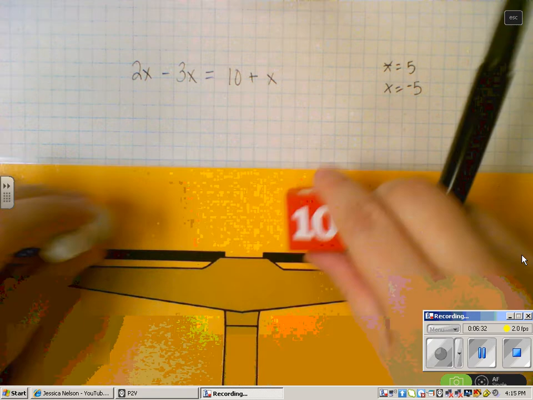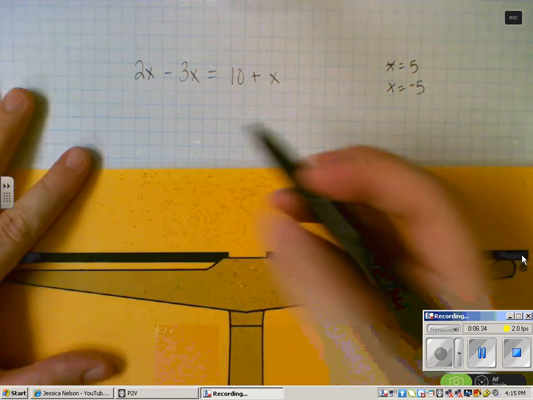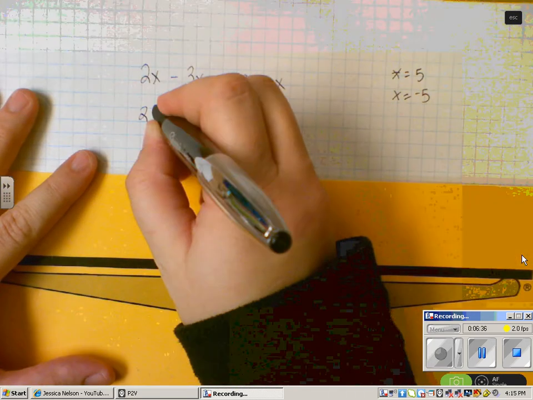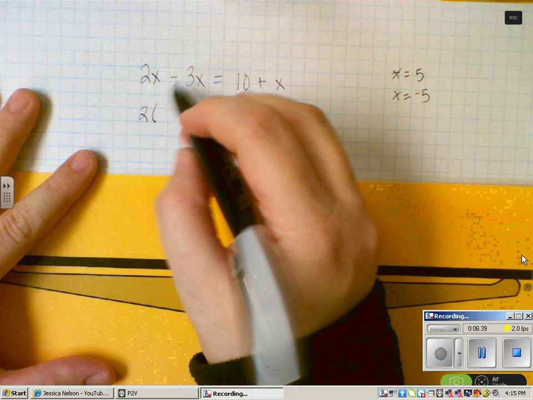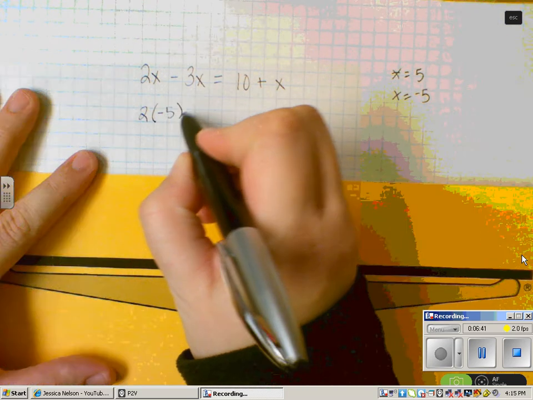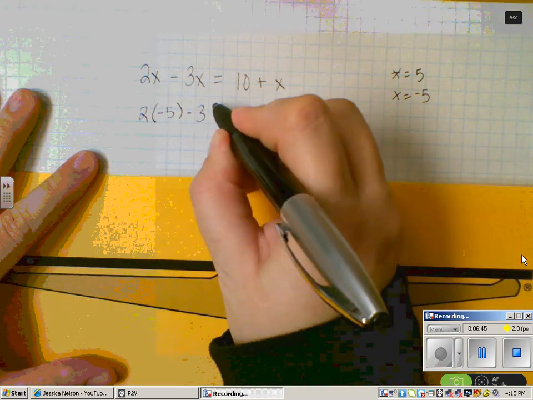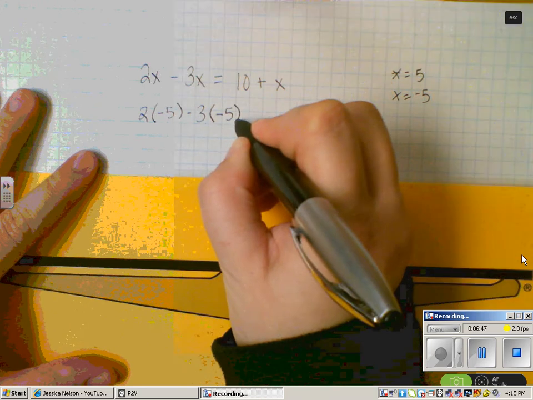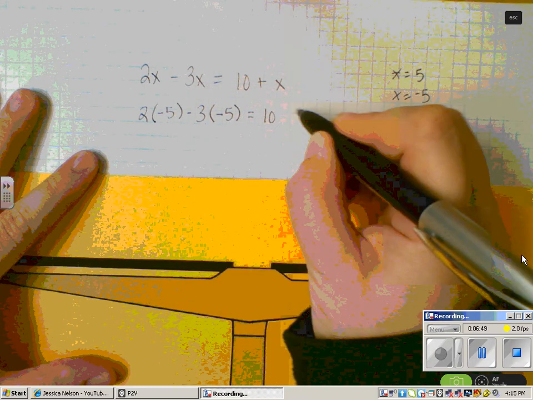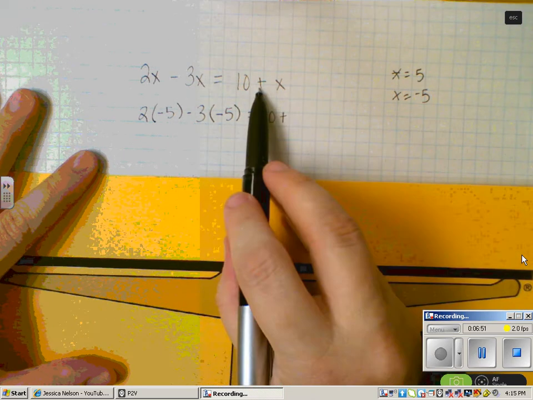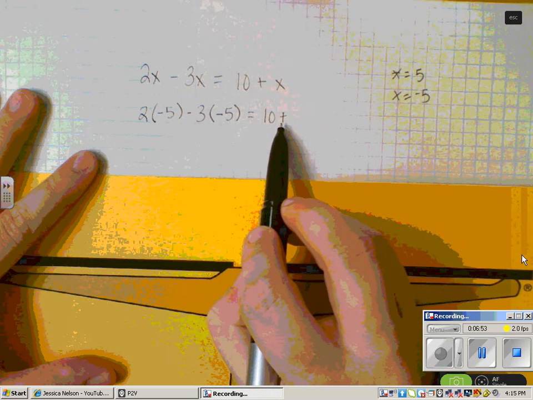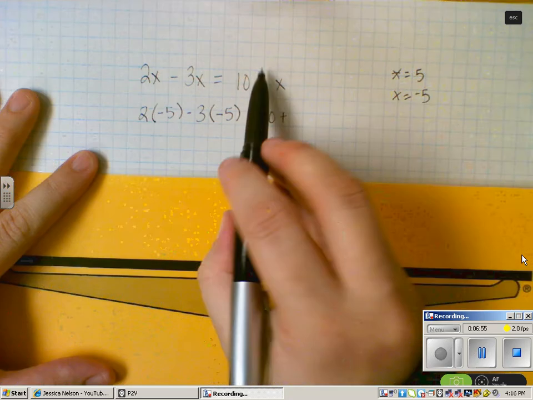Or you can plug it into your equation and say 2 times x is negative 5 minus 3 times negative 5 equals 10 plus, you need to make sure you're bringing the correct operation down, and x is negative 5.